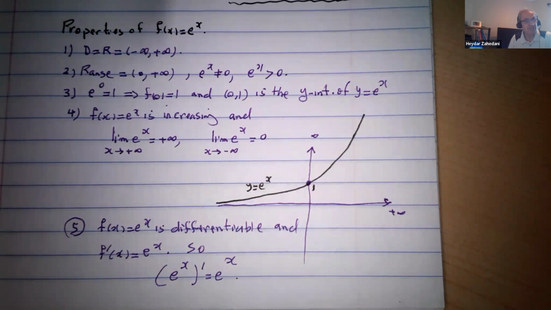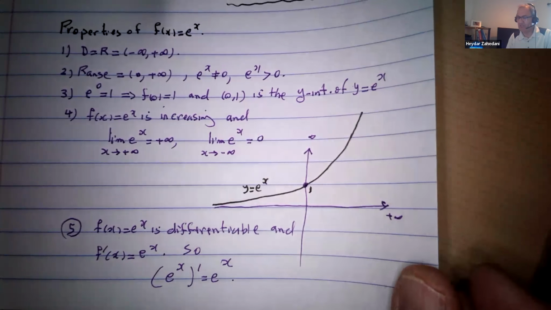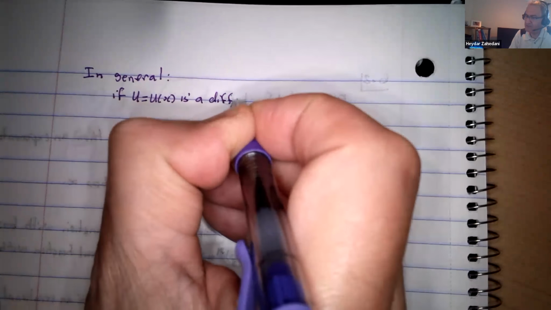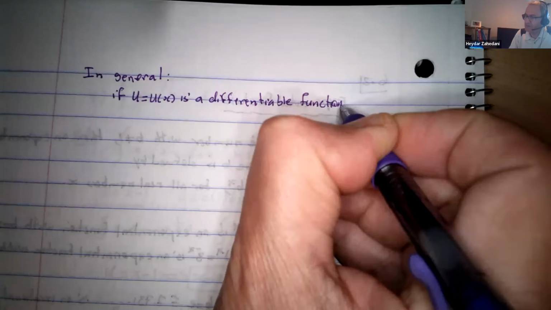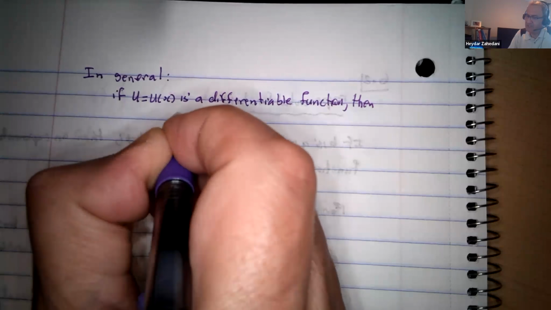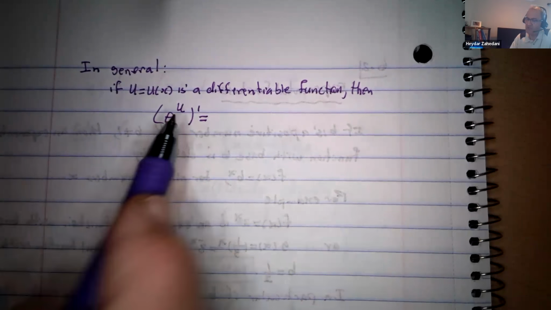Exponential function. Okay, so this is the basic case, but we can bring in the chain rule to get a more general format of this one. So in general, if u equal to u of x is a differentiable function, then by the chain rule, the derivative of e to the u is equal to... you know that you have a composition of two functions, the u function and the e function.